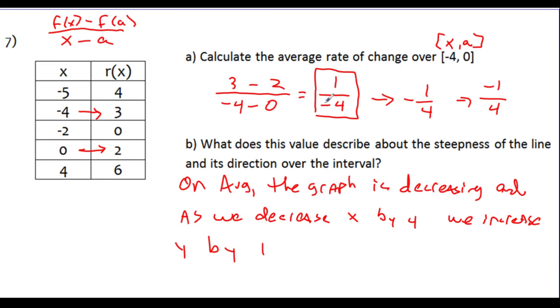Remember, bottom is x, top is y, so as we decrease x by 4, 1 is positive on top, so we're going to increase y by 1. Okay, so that's our way of describing in words what this average rate of change is telling us about the graph.